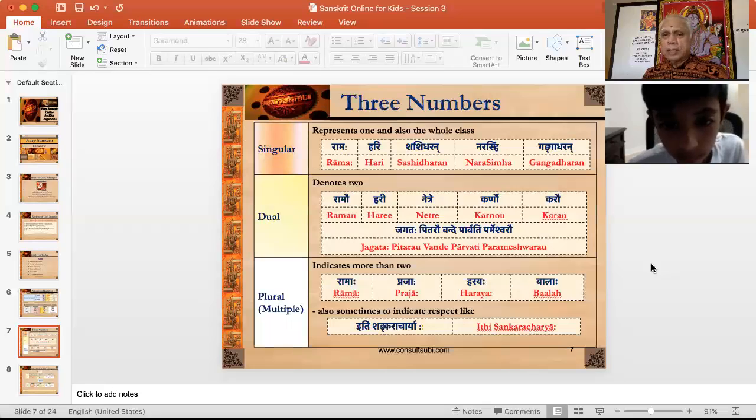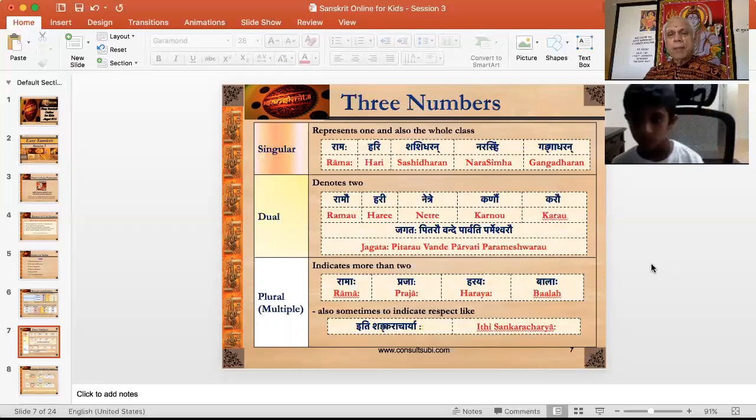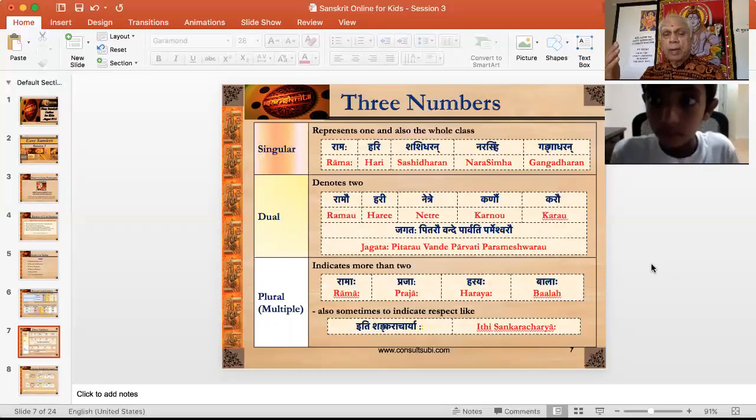Whether it is 2 Ramas or 3 Ramas, it doesn't matter. There are only 2 words, Rama, singular, Ramas, plural. But in Sanskrit, you have one more word which is referring to 2 people or to anything. So, Ramaha, Ramau, Ramaha.